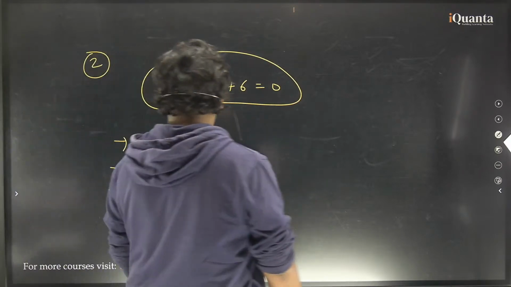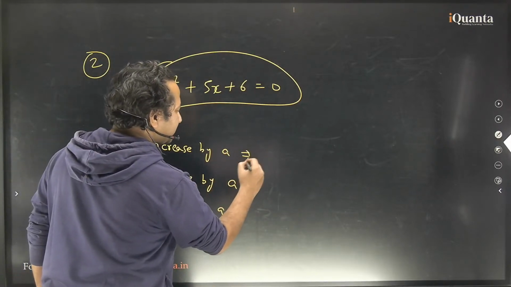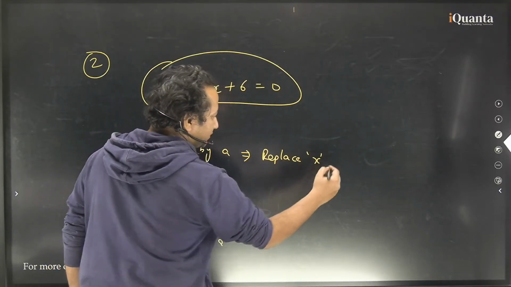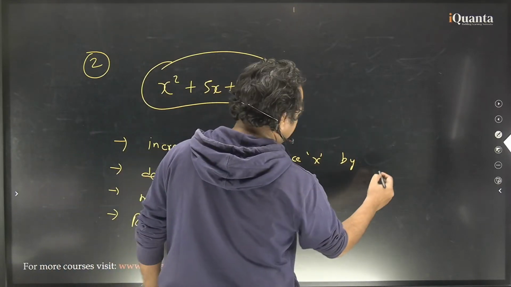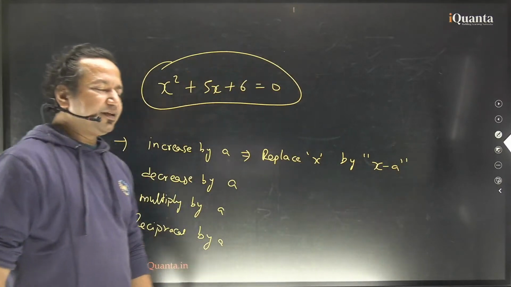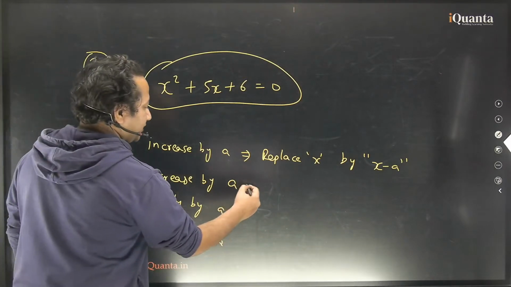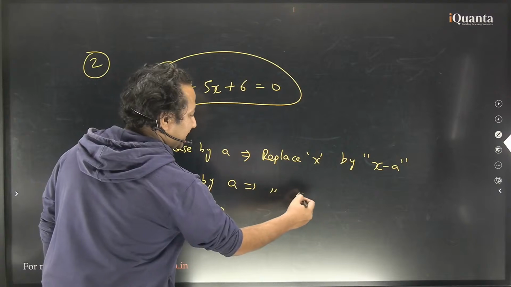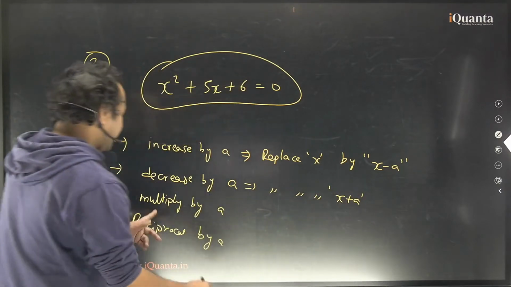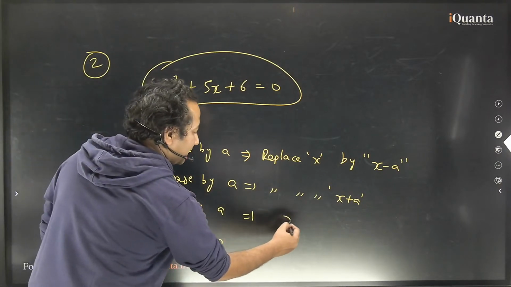So what you have to do here, you just have to replace x by x minus a. And that is why I talked about the remainder theorem. In this case, you have to replace x by x plus a. In this case, you have to replace x by x upon a.